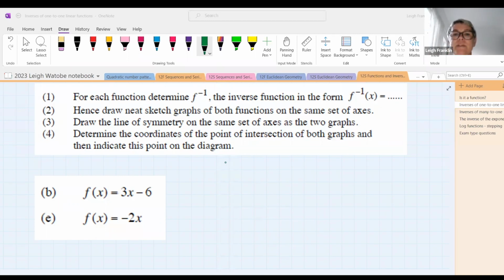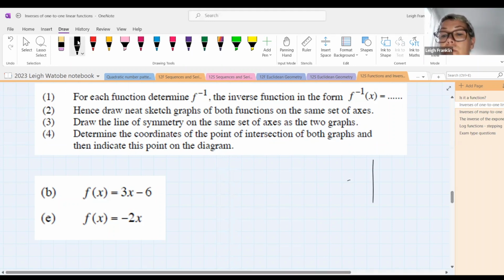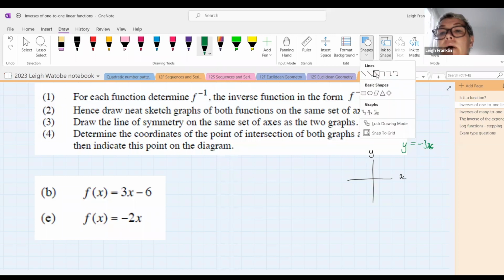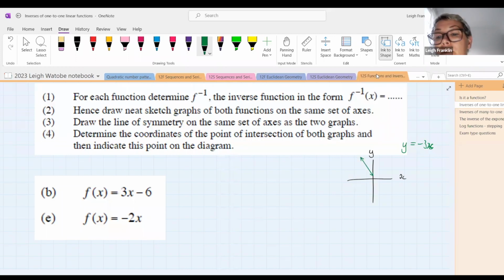So in other words, let's just draw x and y. If my original function is the line y equals minus 3x, this gradient here has to be steeper. So I could draw it like that.